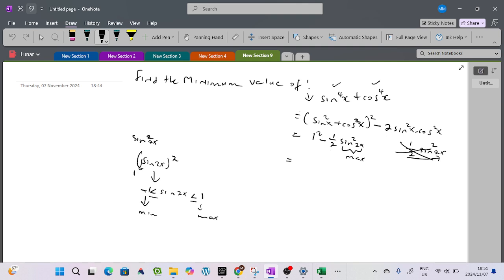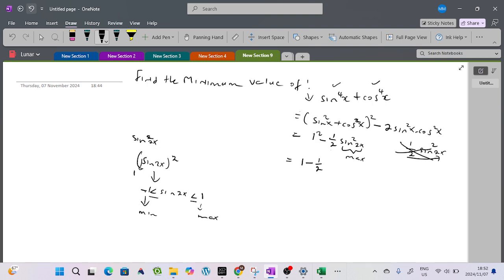Now we want to find the minimum value, the lowest, of this expression, which is 1 squared minus half sine squared 2x. Sine 2x ranges between negative 1 and 1.